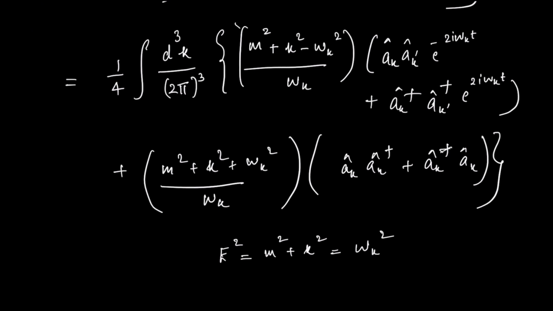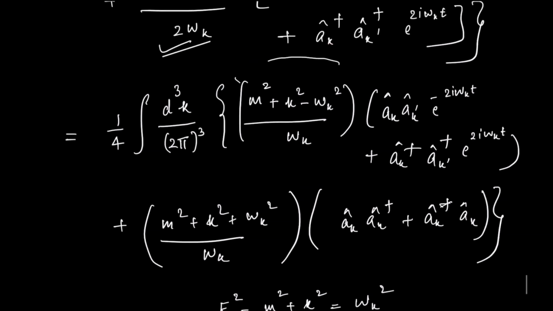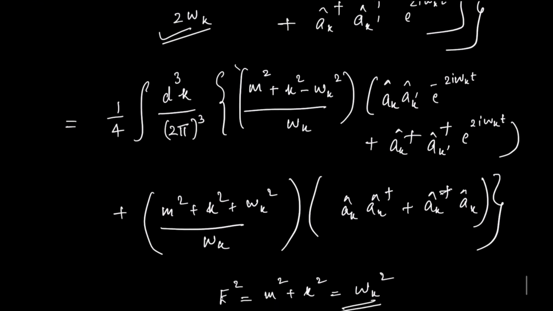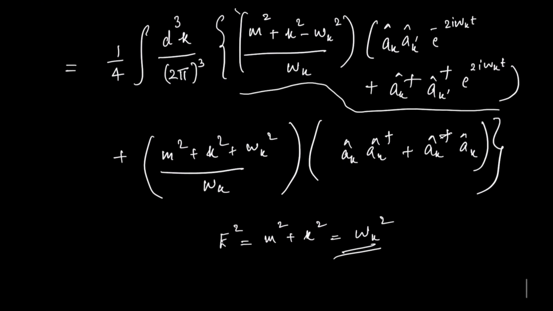Because E is equal to h cross omega, h cross is 1. So E square is equal to omega k square. But see, here you have a term m square plus k square minus omega k square. But m square plus k square is omega k square. Therefore, that entire term will be 0. Okay, so this entire term will be 0.